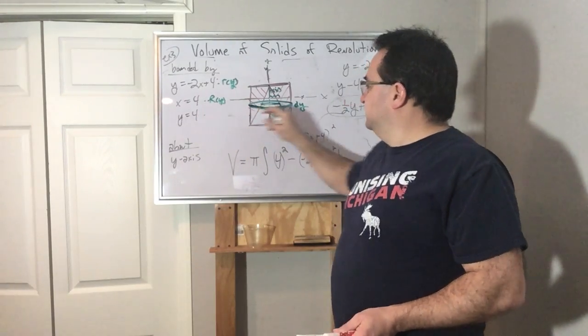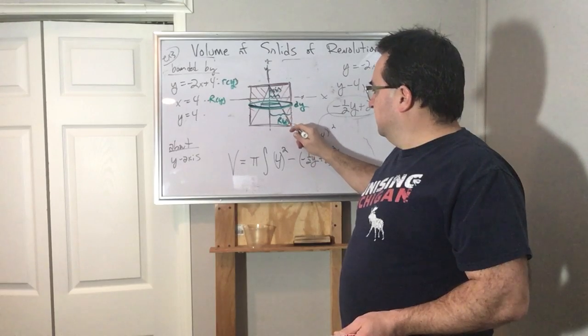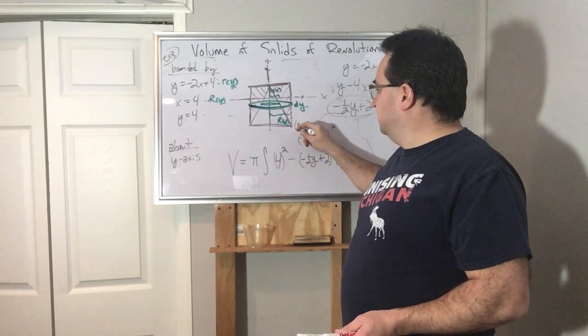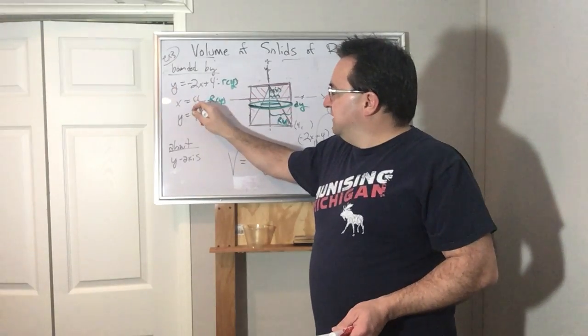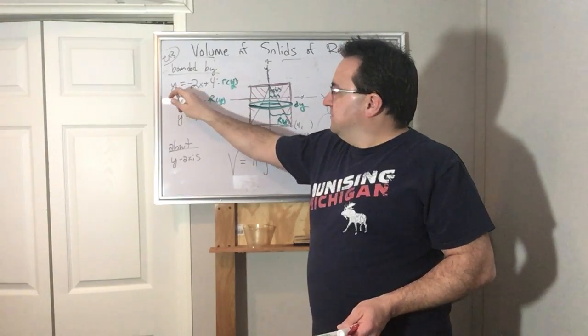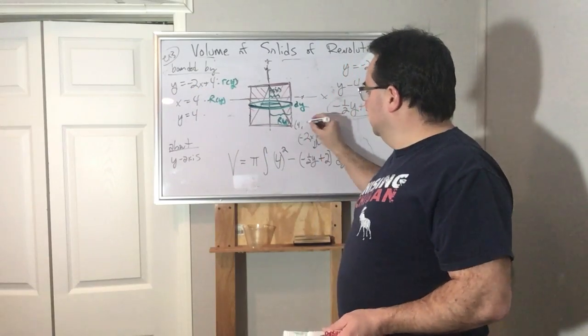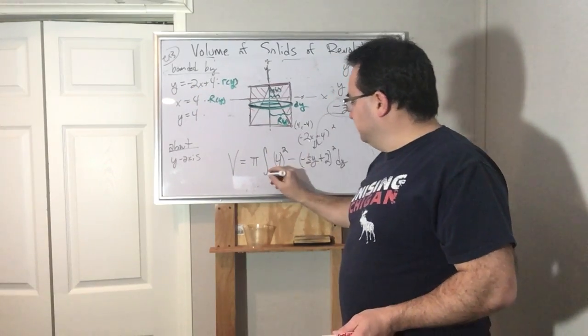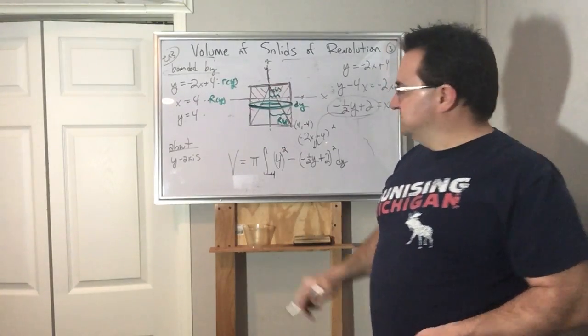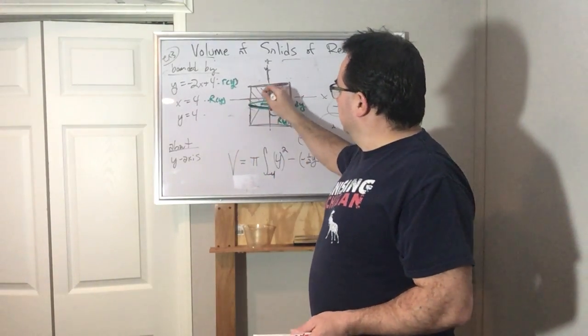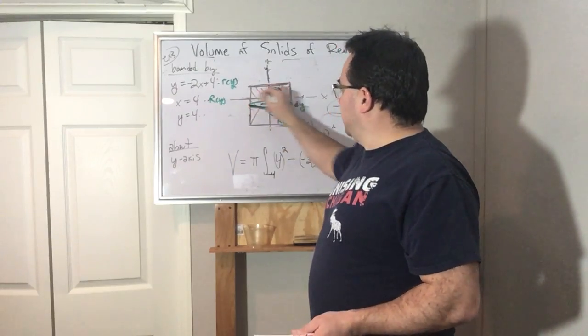If x is 4, right there, if x is 4, what is y? So if I plug that 4 into there, it'd be y equals minus 8 plus 4. So minus 4, that's 4 down. How do I figure out how high up it is? Well, that one would be where this one chops it off.